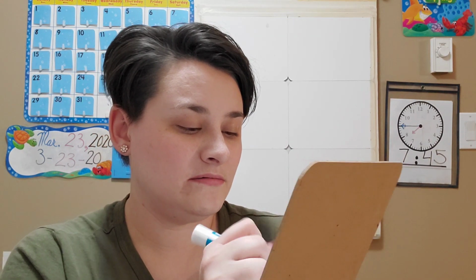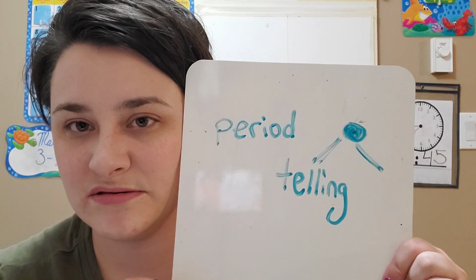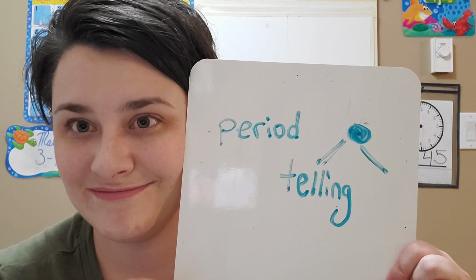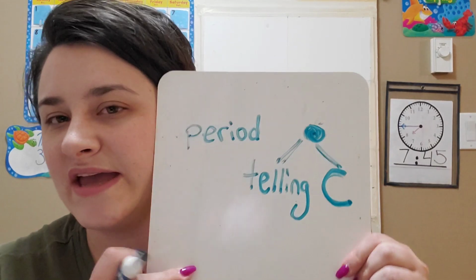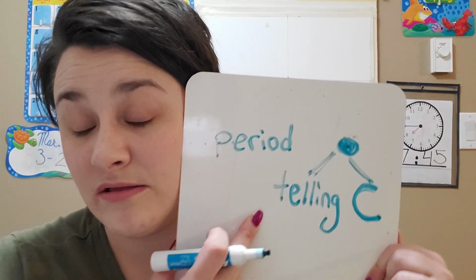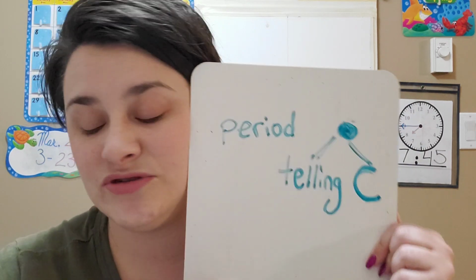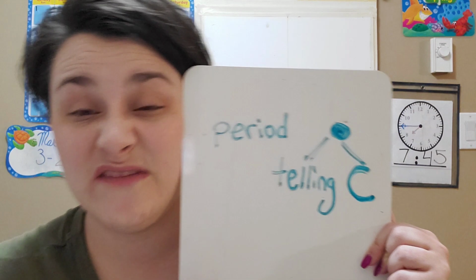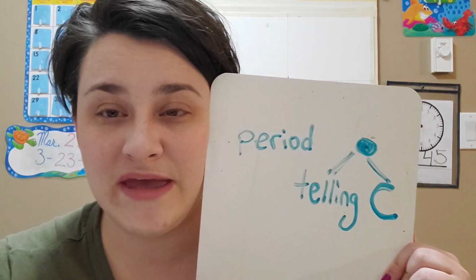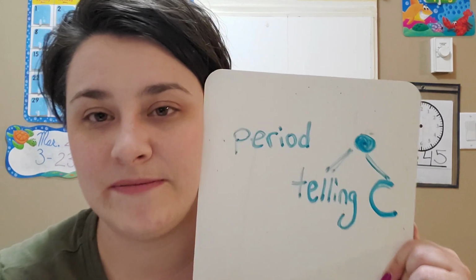Telling. And what else? Commanding. I'm going to put a C for commanding. So I can tell you something, like tell you my favorite holiday, or I can command you to do something. Shut the door. Okay? Even if you add please, it's still a command. Please shut the door. Still commanding you to do something.